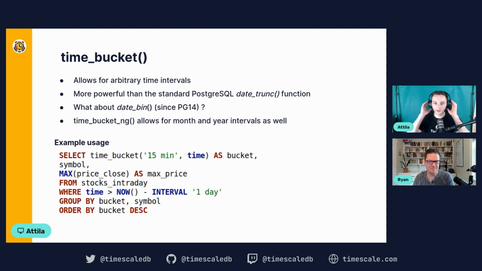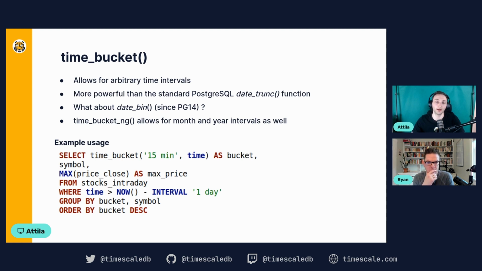Yeah. And then with PG14, if you don't know, a new function was introduced called date_bin, which allows you to set arbitrary time intervals. So date_bin works very similarly to time bucket, but it's only available in PG14.